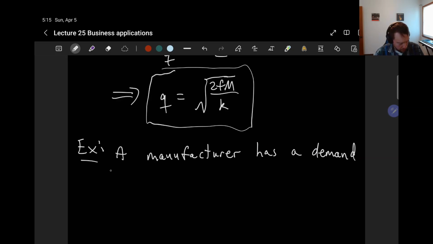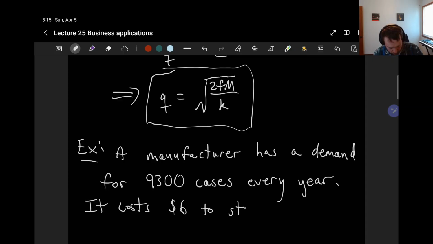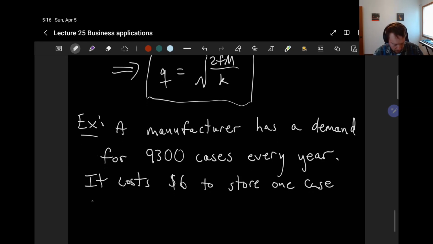So let's say a manufacturer has a demand for 9,300 cases of honey every year. And now it costs $6 to store one case for 1 year. So that's the storage cost coming in.